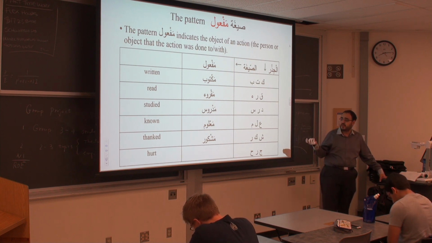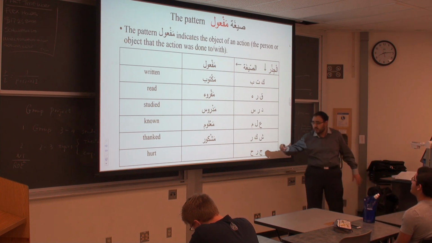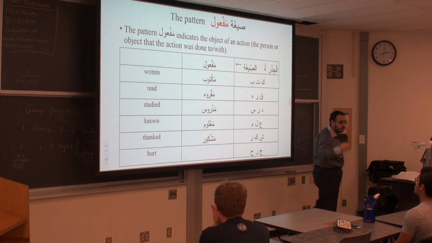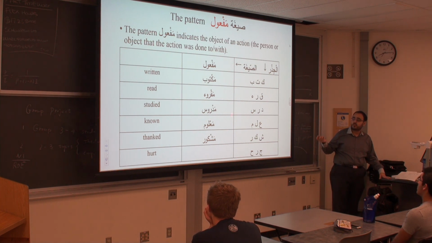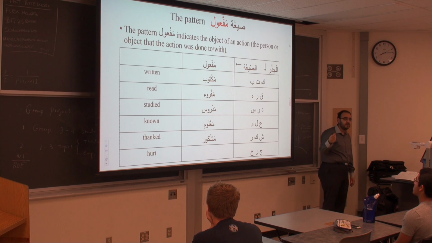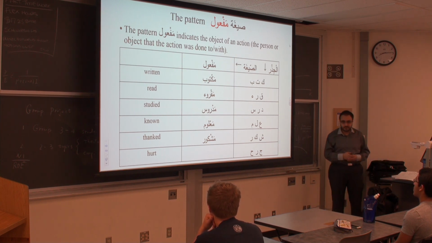When you're talking about mashkur, for instance, for sure you will be talking about a person, the person who is thanked. So in all ways this will apply to the object of the action, the one or the thing that the action was done to or done with.